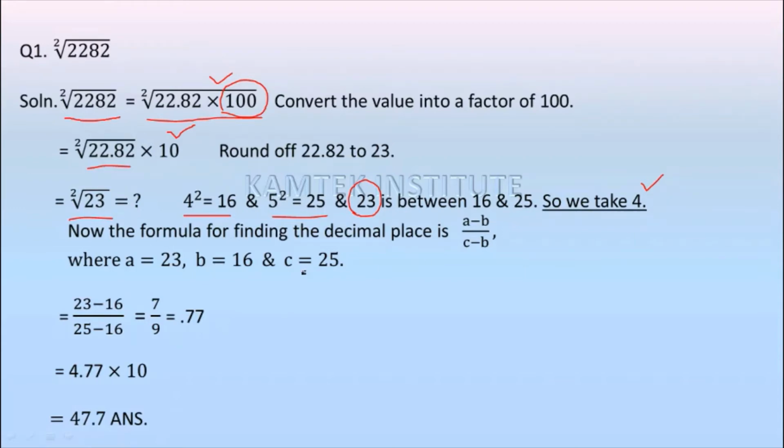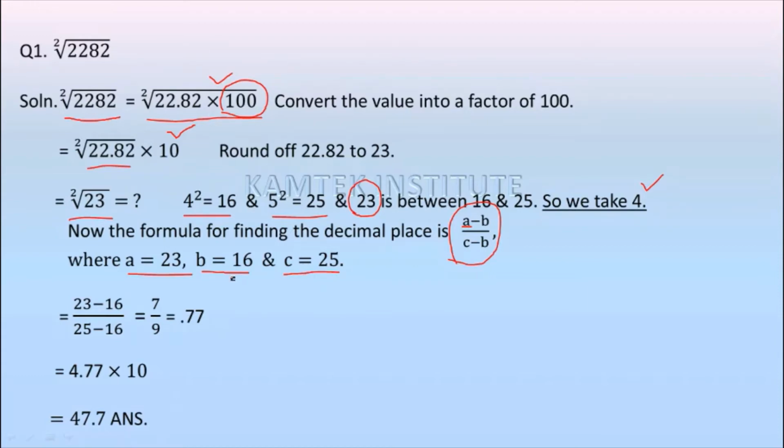For finding the number in the decimal place, we have a formula, and that is (a minus b) upon (c minus b), where a is 23, the number for which we are finding the square root. b is 4 square or 16, and c is 5 square or 25.